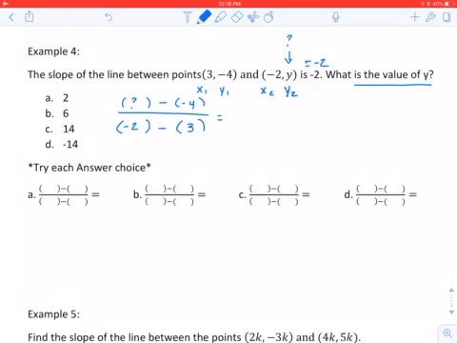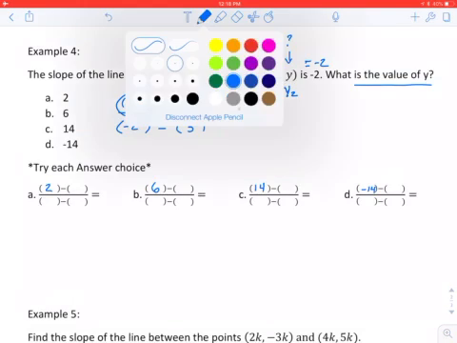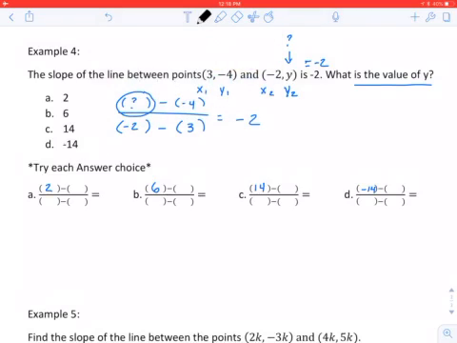So what we're going to do down here is we're going to take each answer choice and we're going to change this right here each time. That's the only thing that we're trying to find is that value that's going to give us -2. So if I'm looking, answer choice A has a 2 there. Answer choice B has a 6. Answer choice C has a 14. And D has a -14. Now everything else in the formula, y1, x2, and x1, none of those are changing.